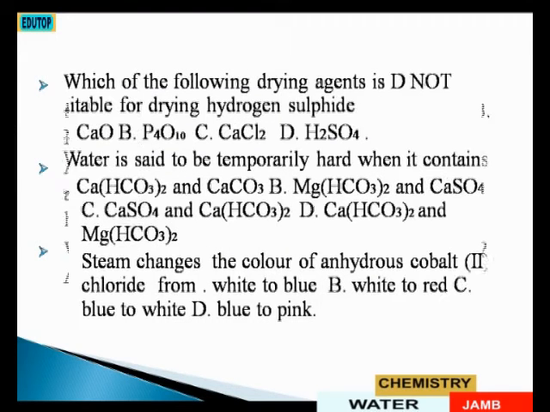Question 7. Water will definitely be said to be temporary when it contains calcium hydrogen carbonate and magnesium hydrogen carbonate. Take note of that fact. So let's see our options and see the one that will definitely be suitable. Option A, calcium hydrogen carbonate, yes, and calcium carbonate, no. Although calcium carbonate can also be, but it's not, because we have to pick the most appropriate here.